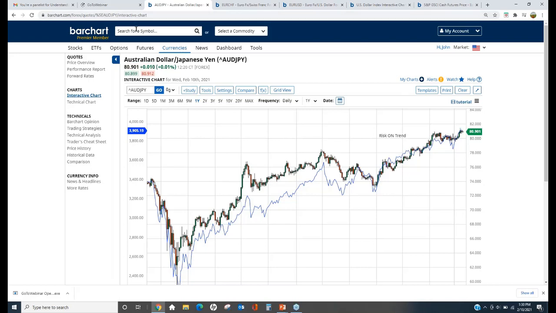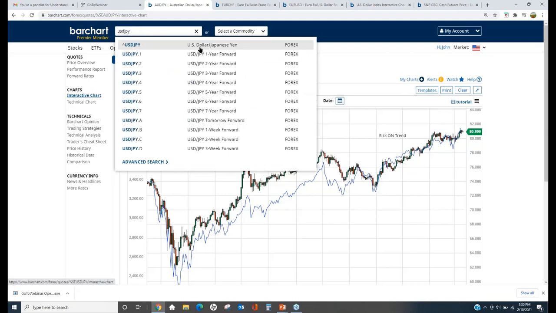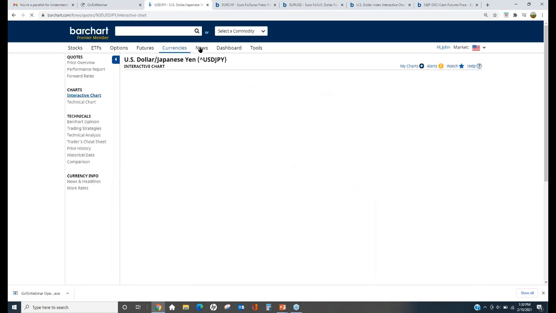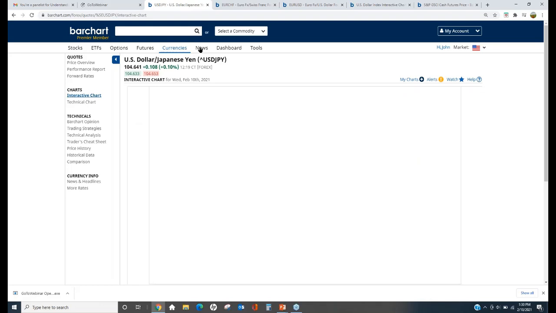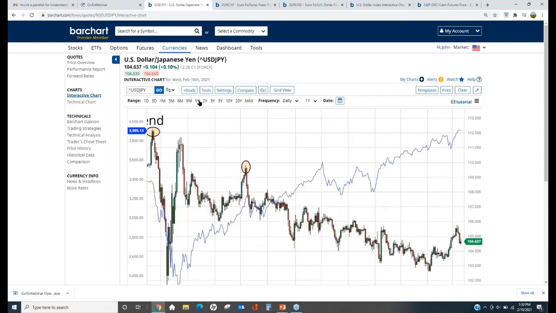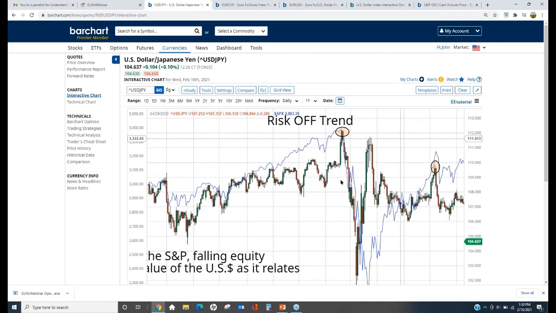But let's go and look at two risk off currencies, US dollar, yen. As that loads up, all right, and let me go back about a year or so. And let me tighten this up a little bit.